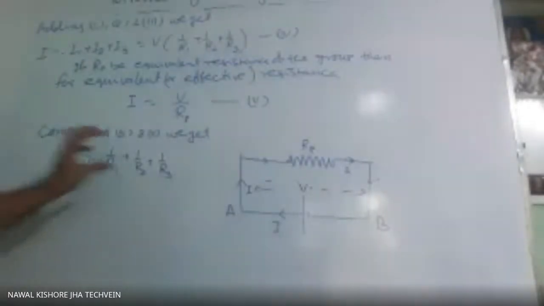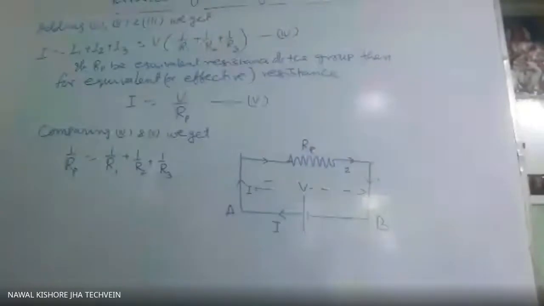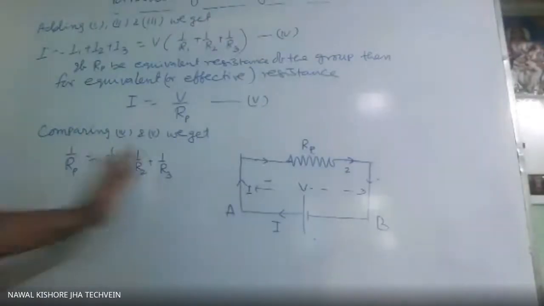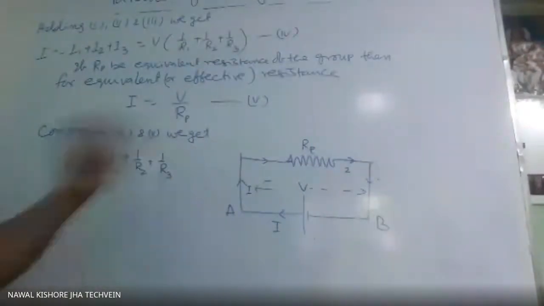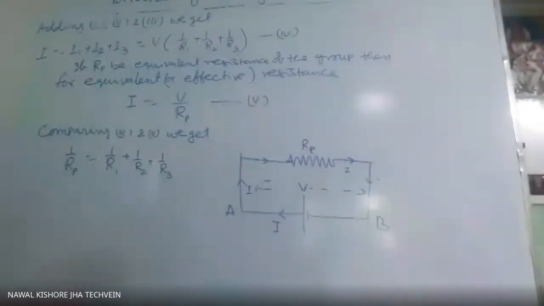This is the relation for equivalent resistance when they are connected in parallel. We have considered only 3. If many are there, then we keep on adding.